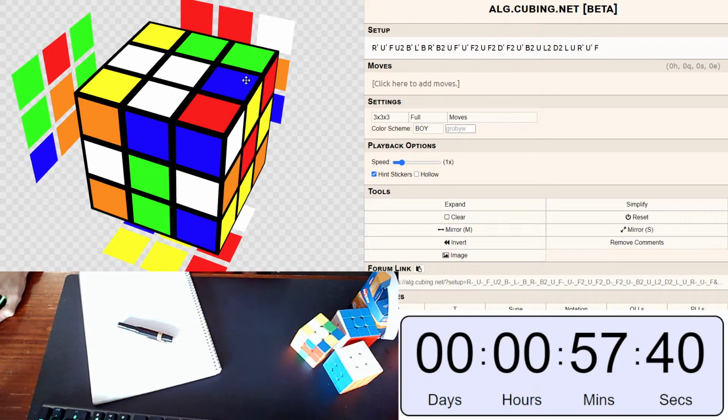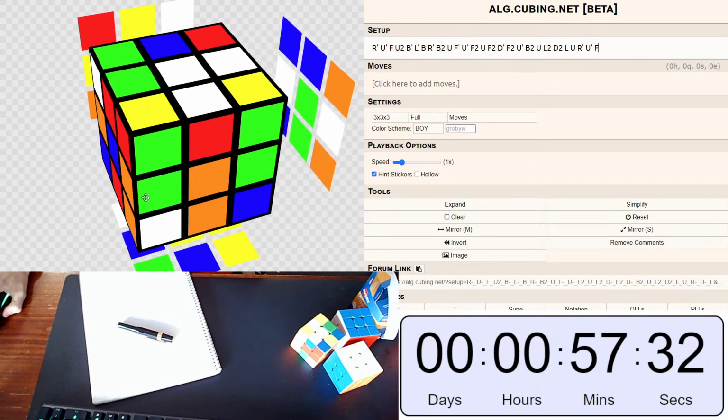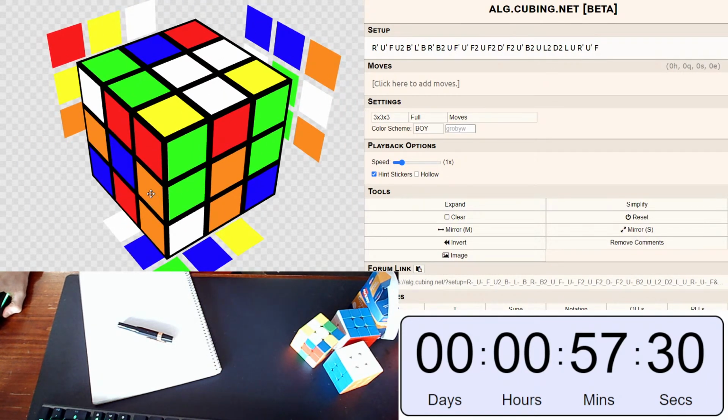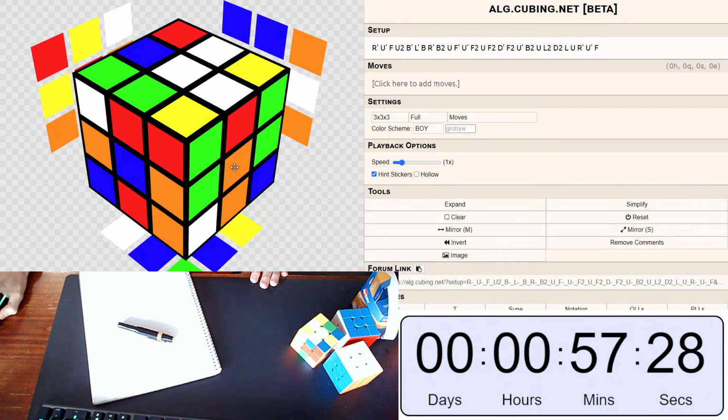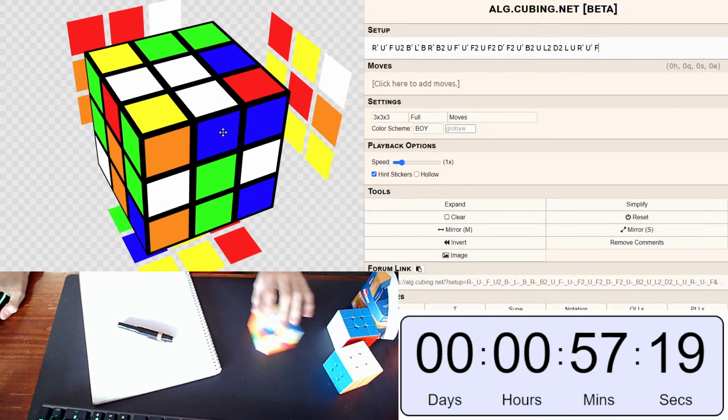This edge here is bad because it has the top or bottom color on the side. So 1, 2, 3, and this one's bad because this orange is over here and this blue is over here, so it's flipped. It's probably not a good explanation. EO is a difficult thing to figure out.